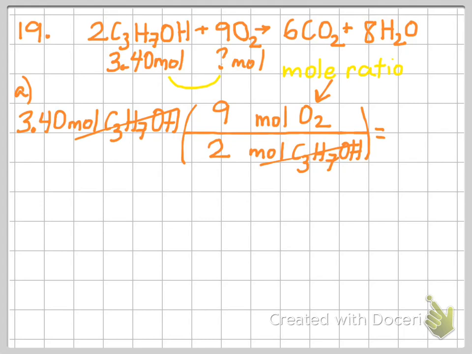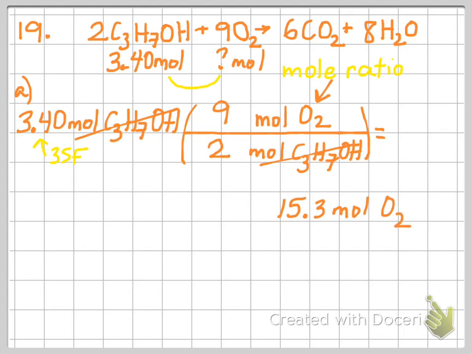Mathematically, I am going to take 3.40, multiply it by 9, and divide by 2. Remember, I multiply by numbers in the numerator and divide by numbers in the denominator. 3.40 has 3 significant figures, so my answer needs 3 significant figures, and you should get 15.3 moles of oxygen as your answer.